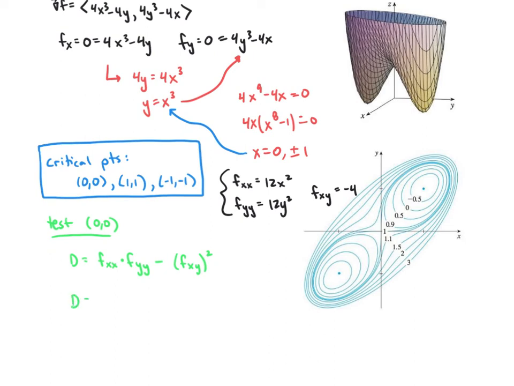So D for the point (0, 0): if I plug in 0 for x and 0 for y, I get 0 for both, and multiplying gives 0, minus the quantity negative 4 squared. This is negative 16, and that is less than 0. If you look at our chart on the previous page, if D is less than 0, then we have a saddle point.